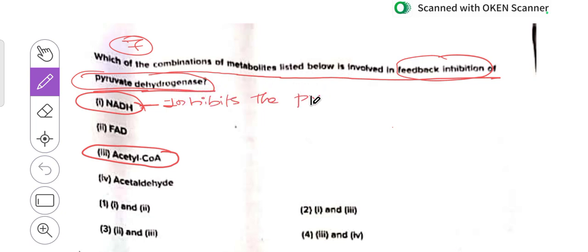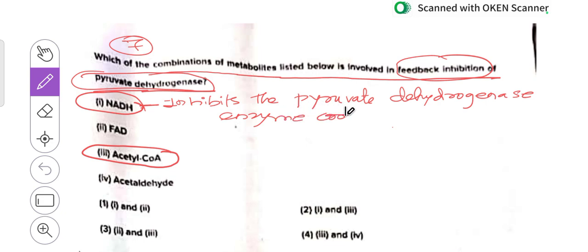the pyruvate dehydrogenase enzyme complex formation. So it totally avoids the formation of this enzyme complex.